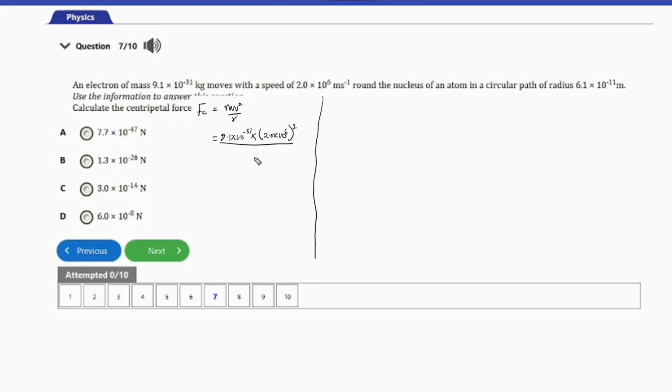Then this will be divided by the radius of the path, which is 6.1 times 10 to the power of negative 11. So when we calculate this out, we're going to have 6.0 times 10 to the power of negative 8 Newton, and that's option D here. So that's it for this question. Let's go ahead and consider the next question, guys.